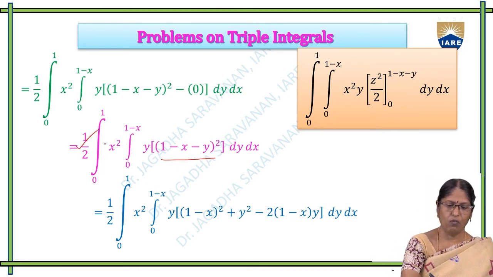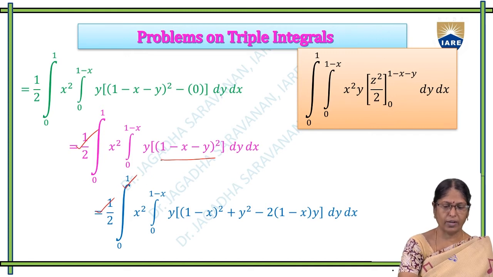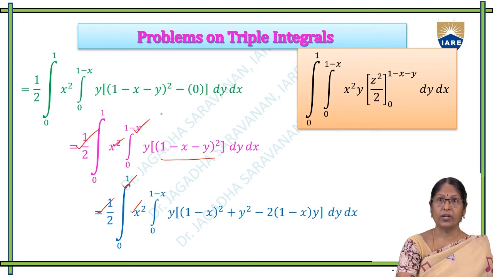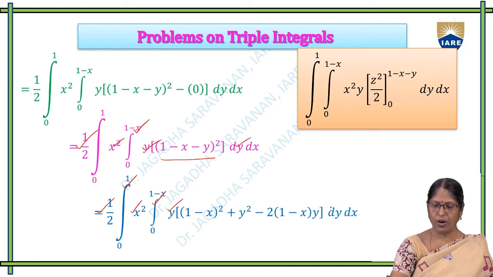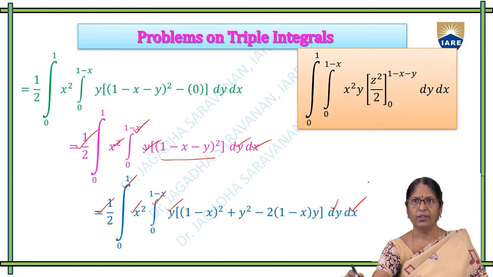That is 1 by 2 integral 0 to 1 x square, integral from 0 to 1 minus x, y dy dx. No changes at all, just from the previous step we have written.